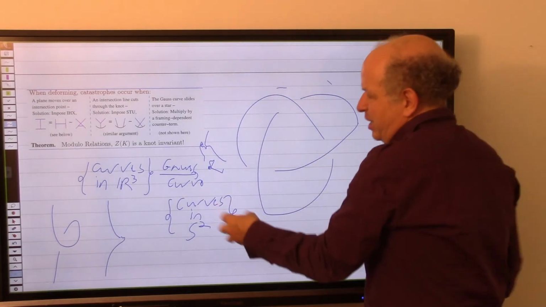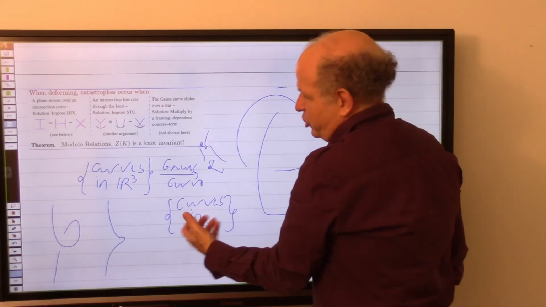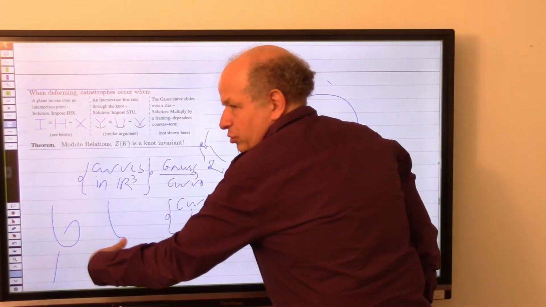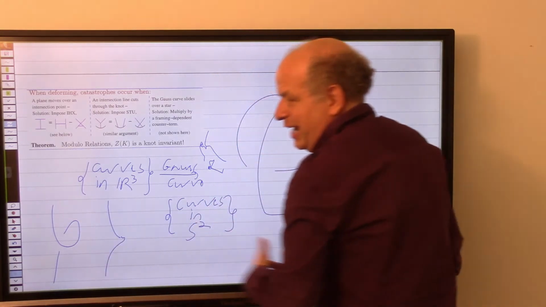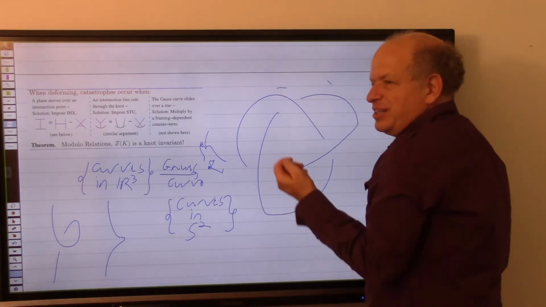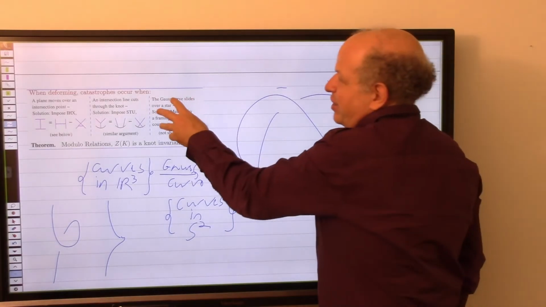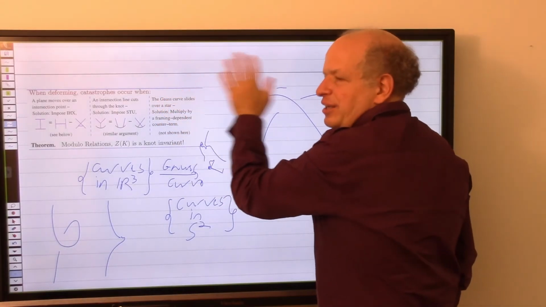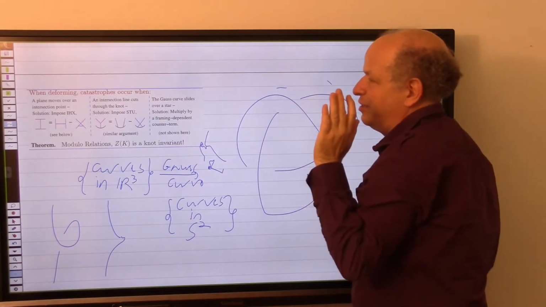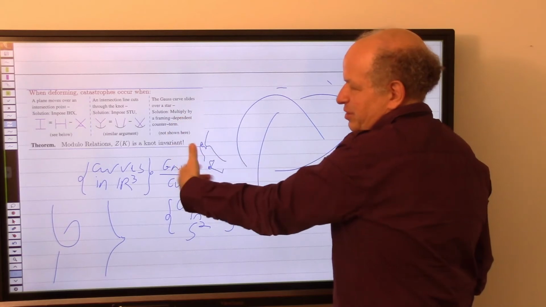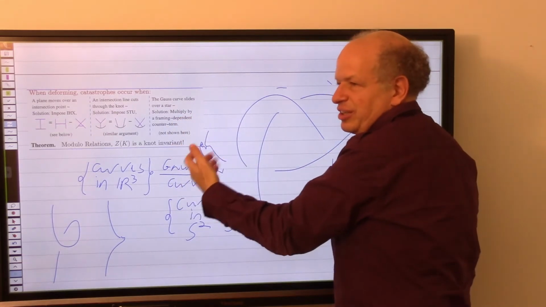So a similar catastrophe, and the correction to these Reidemeister 1 issues, like in the Jones polynomial, is to multiply by some counter term. And there is a similar counter term that can be multiplied here to fix this issue, this catastrophe.